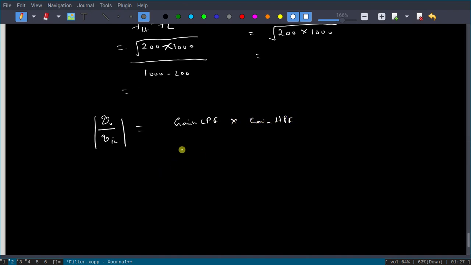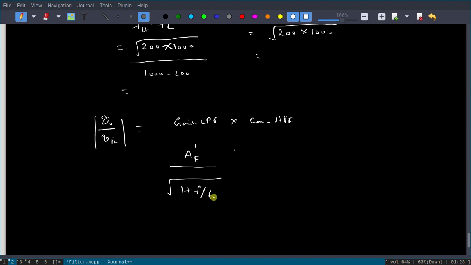The low pass filter we already know, with AF dash, and high pass we will call AF.